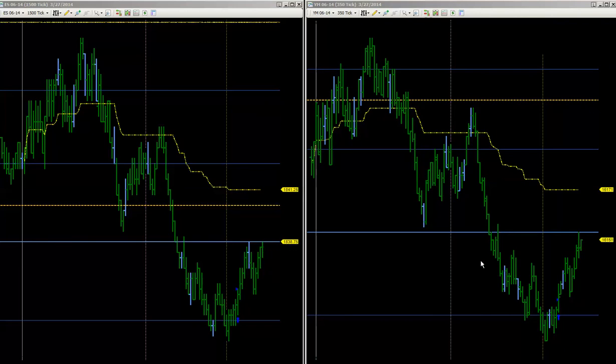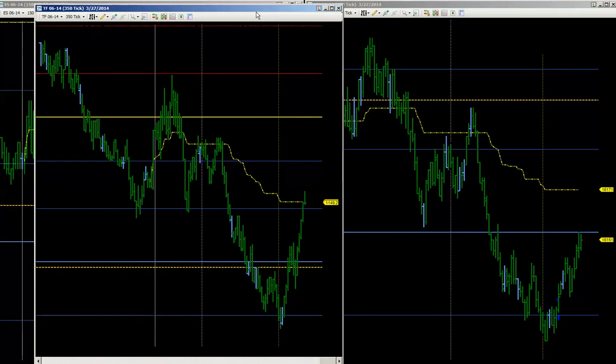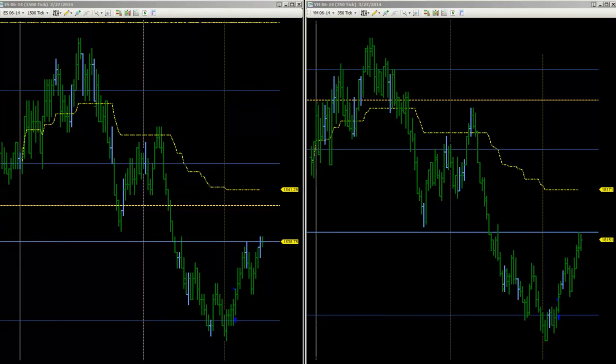Well, you still might get up there. Have the ES breaking above this full move. TF is still rising and getting above its walking baseline. We'll give it a minute here, see if we get taken out of the YM. Target filled. There we go.